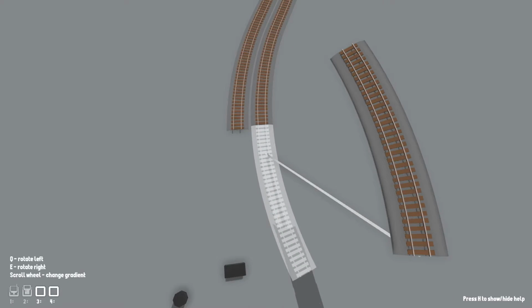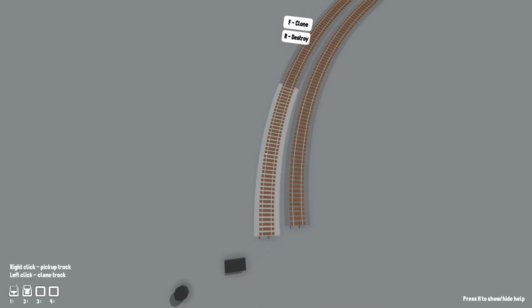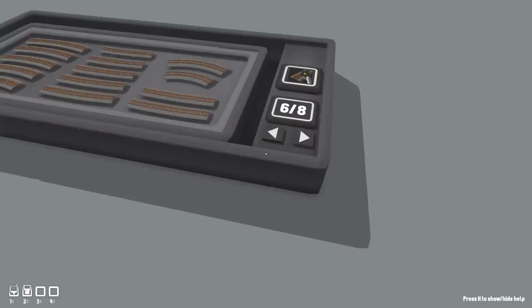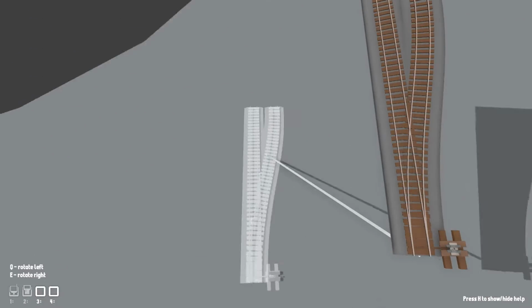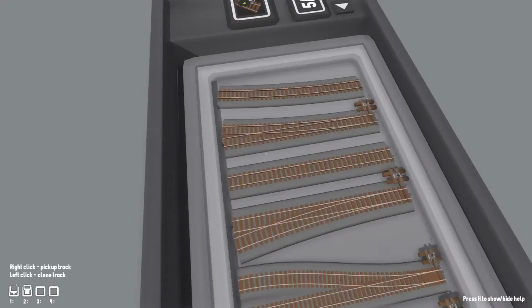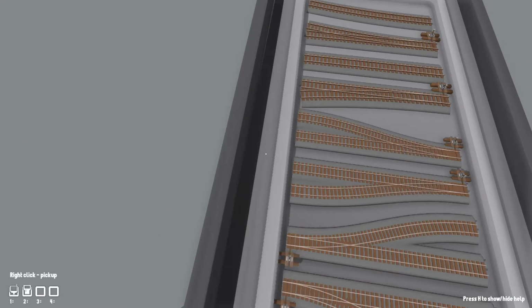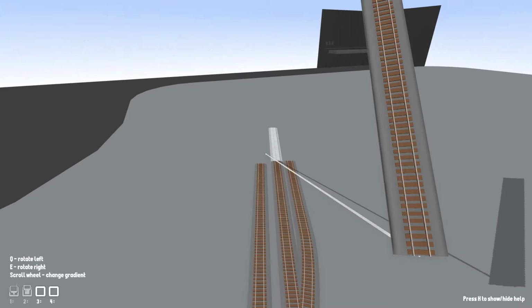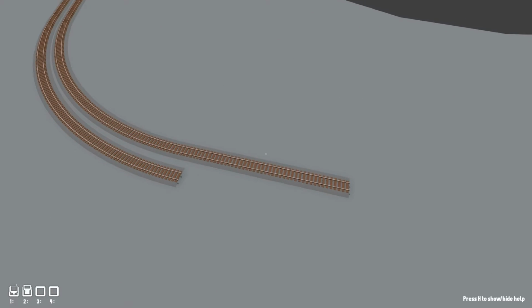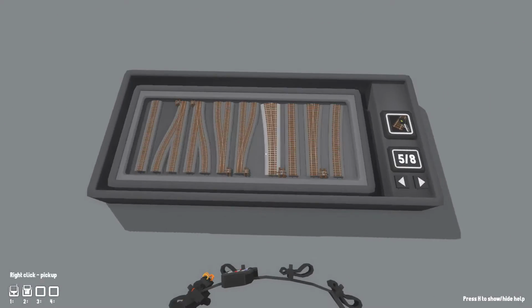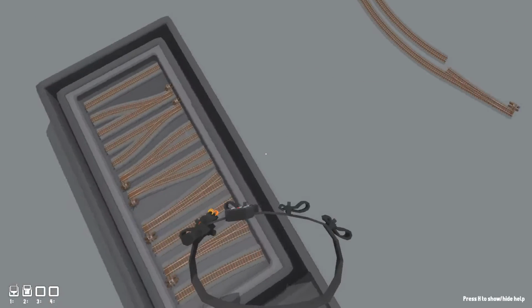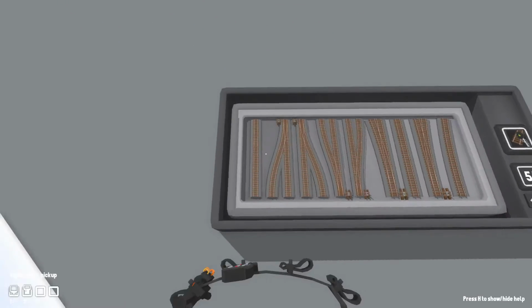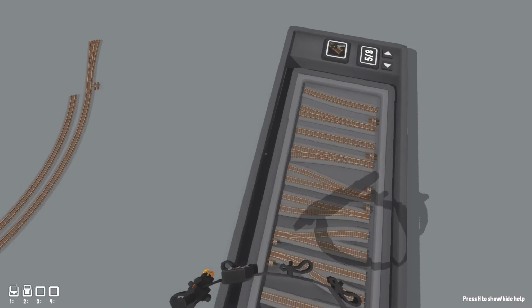Weather. Ah, that track piece is too long.